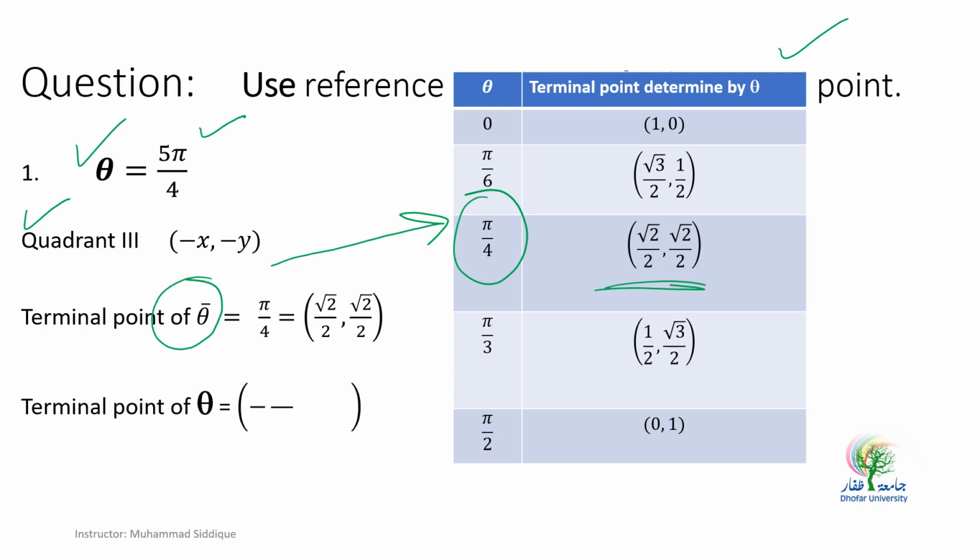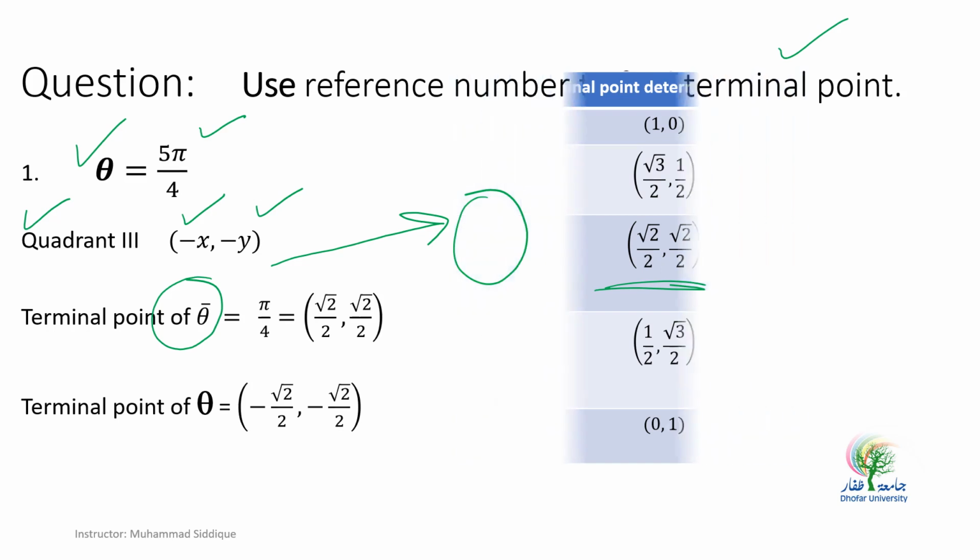I will use the same terminal point with minus, minus signs. So x is minus, y is minus. I hope it is clear. Again, we will find the quadrant, we will find the reference number, and then we will write the terminal point of theta.